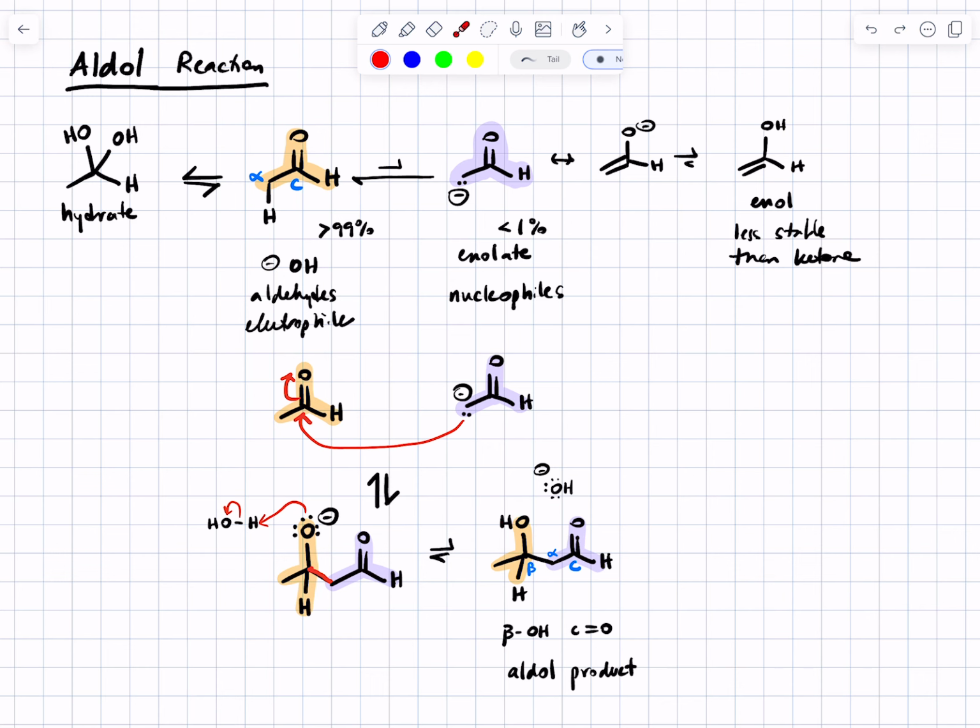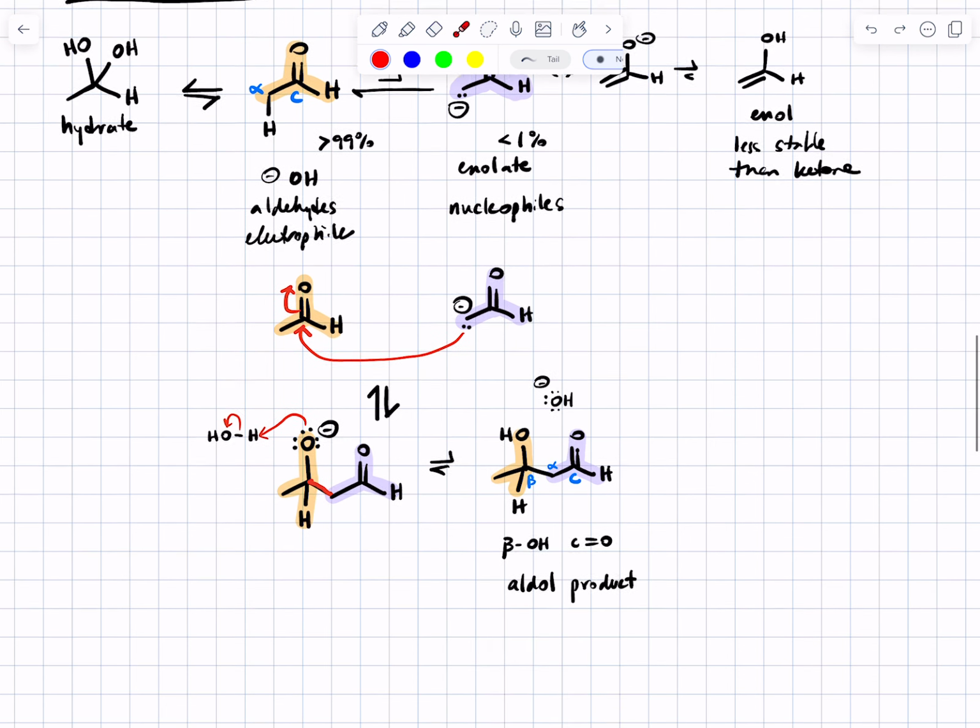So thermodynamically this is downhill and it's reasonable, but we will see examples where you can go backwards. In fact, metabolism involves backwards or retro aldol reactions, and that's very important for the conversion of glucose into pyruvate. We'll learn about that when we learn about glycolysis.